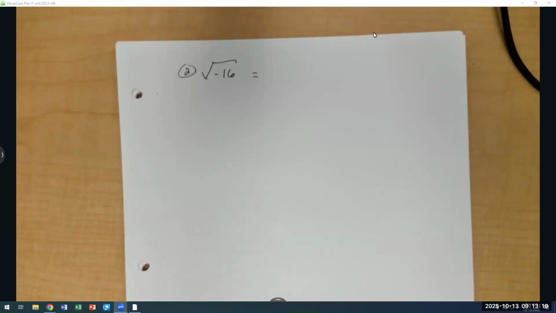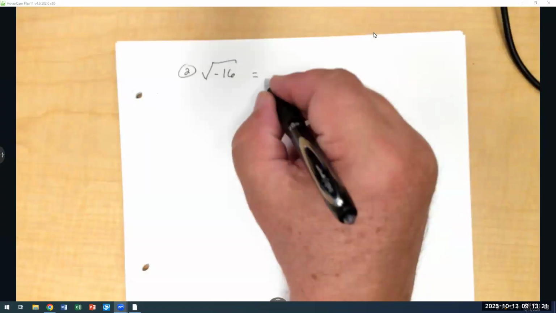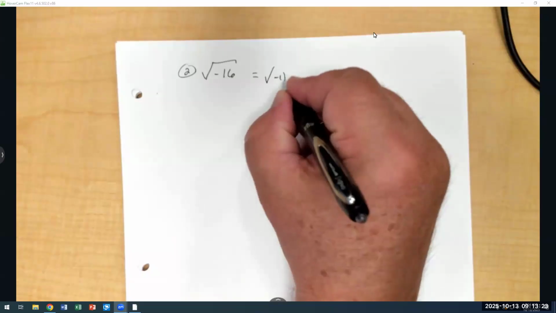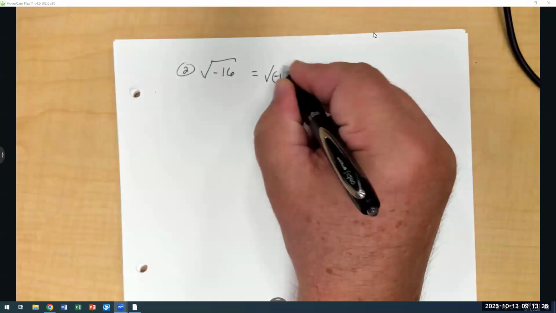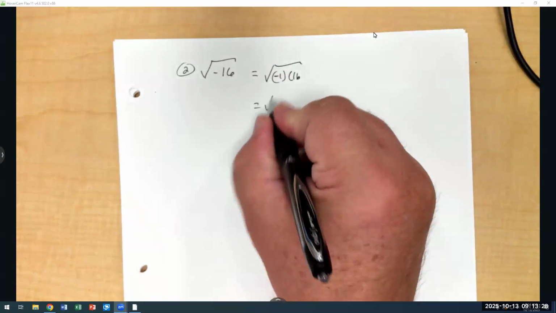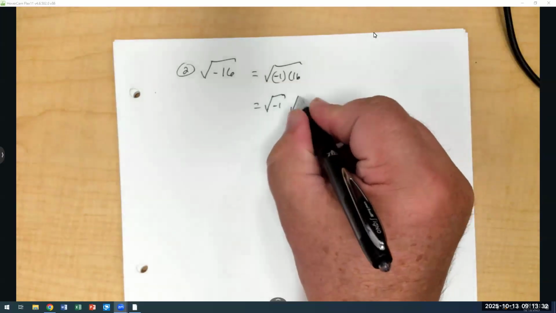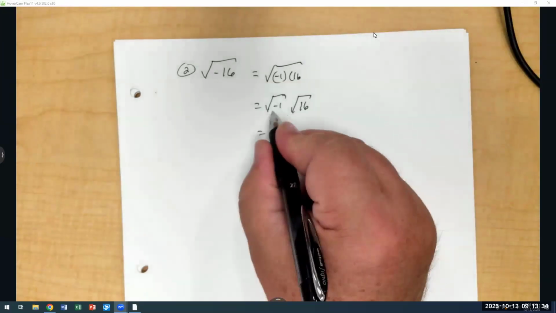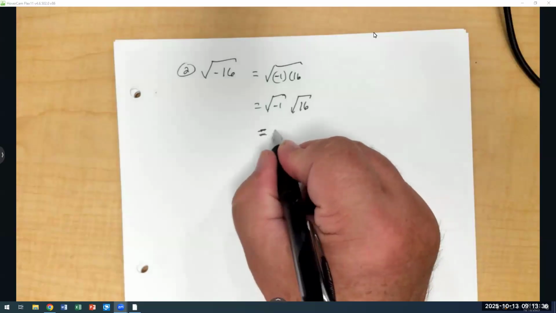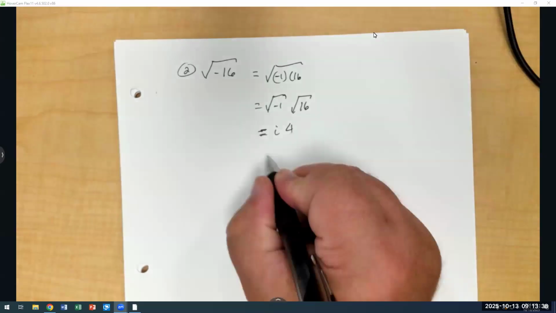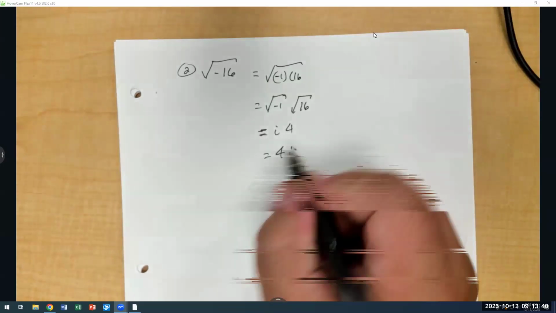Very good. Because we have the square root of -1 times 16, square root of -1, square root of 16. Square root of -1 is I, square root of 16 is 4, so we have 4i.